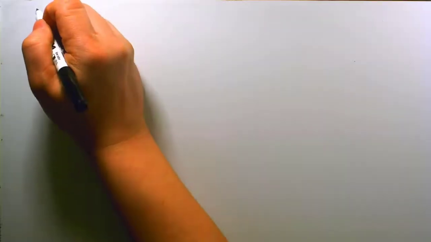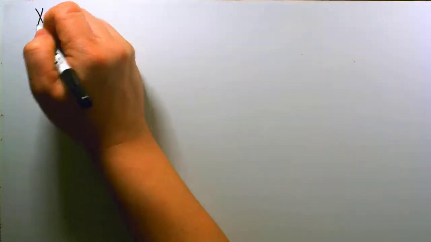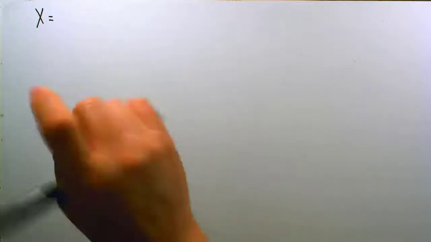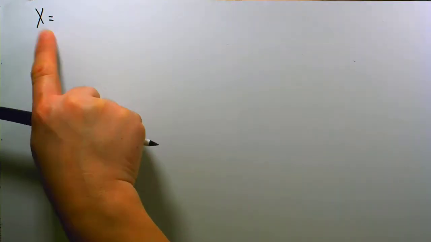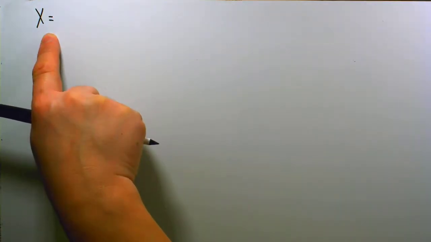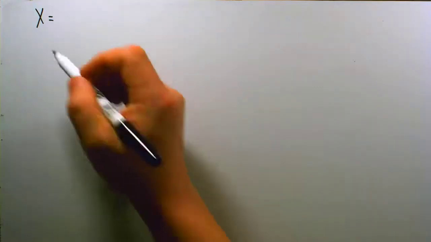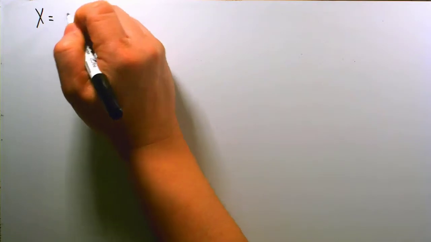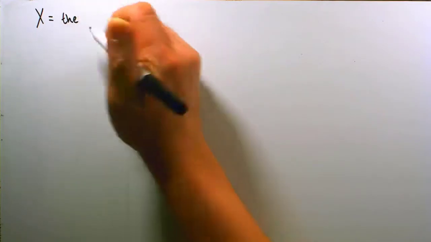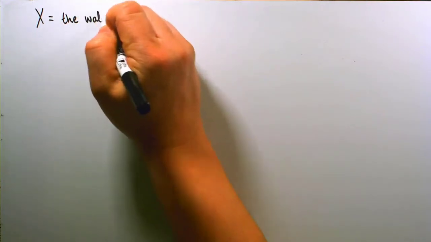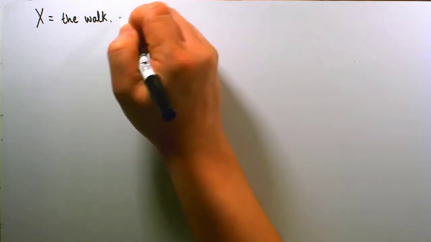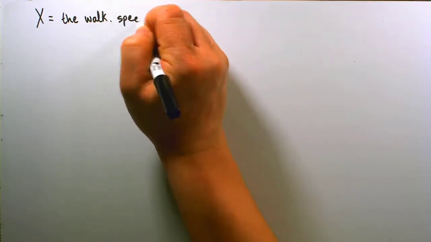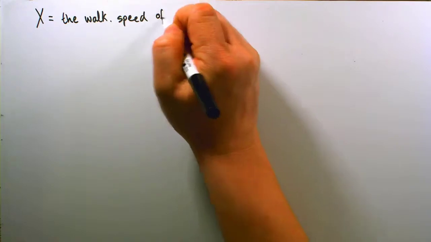So now on my writing board, I'm going to go ahead and sketch down the information regarding our beginning population, the population where we pick samples from. In this beginning population, I'm going to use a random variable x to represent the walking speed of a person.